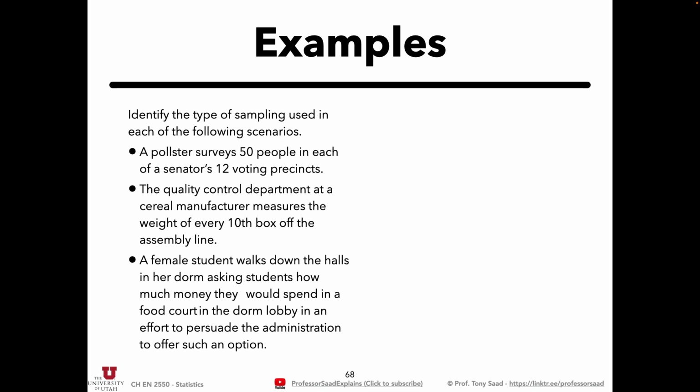So in this case, this is stratified sampling because the voting precincts are the strata for the senator, and we're picking just 50 random people from each stratum. In cluster sampling, you would pick 6 random precincts and survey everyone in each precinct. See the difference? In stratified sampling, we cover all the strata, but we pick randomly from each stratum. In cluster sampling, we pick everyone in the cluster, but only pick a few clusters.